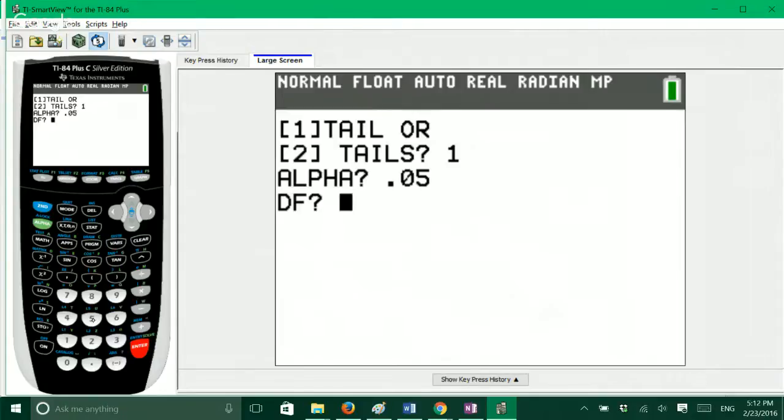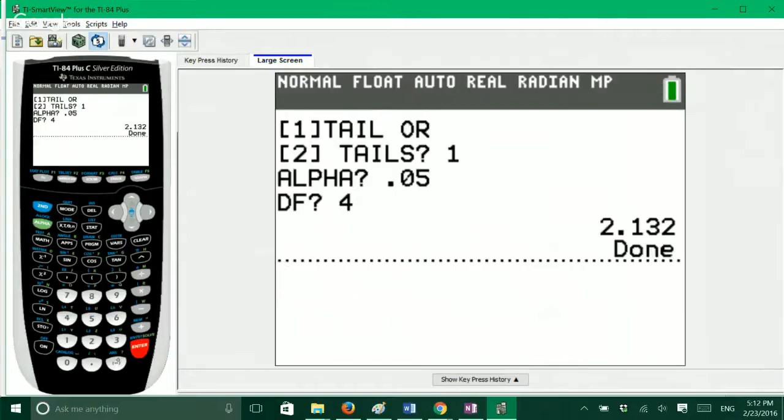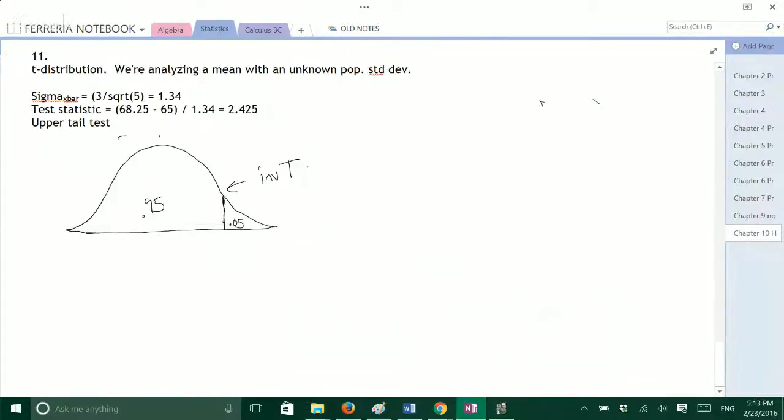What's our degree of freedom? 4. Now that's 2.132. Remember, it's always going to give you the positive, so if you were going to do a left tail, the correct T would be negative 2.132. This program only gives you the positive tail. So we got 2.132.